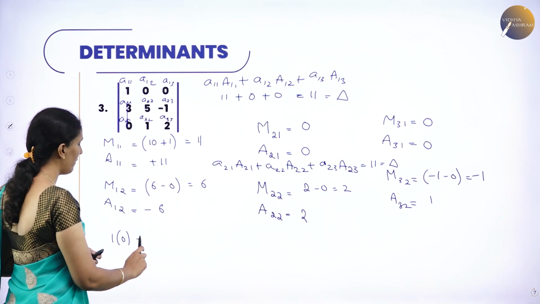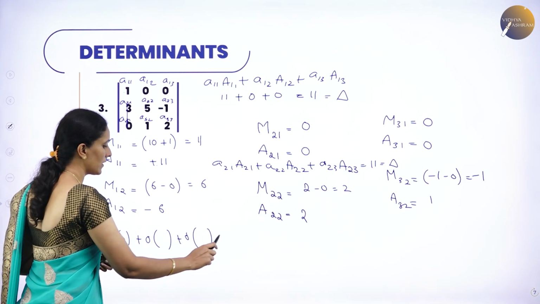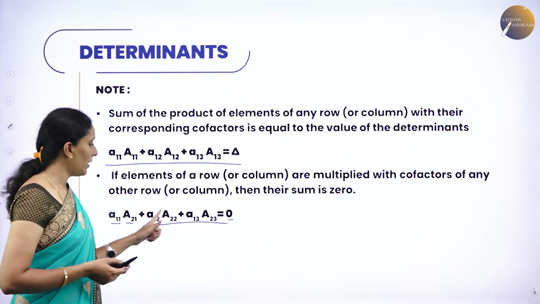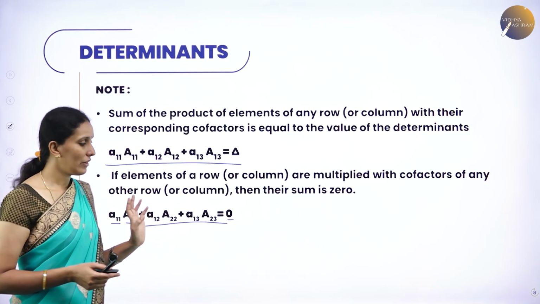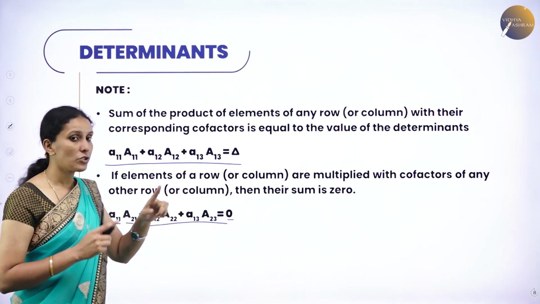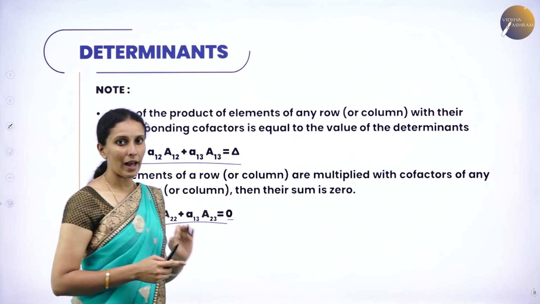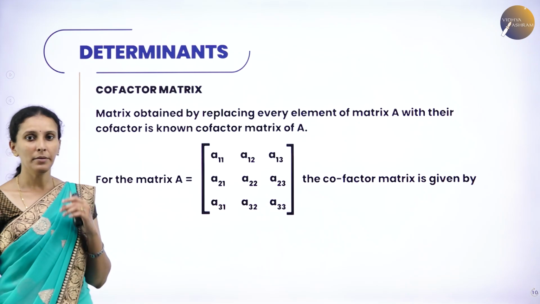Next we have A12. So 0 into anything is 0, plus 0 into anything is 0. The value is 0. So when you multiply the elements of one row with the cofactors of another row, the value is always equal to 0. But when you multiply elements with their own cofactors and add it, it is always equal to the value of the determinant. So next is the cofactor matrix.